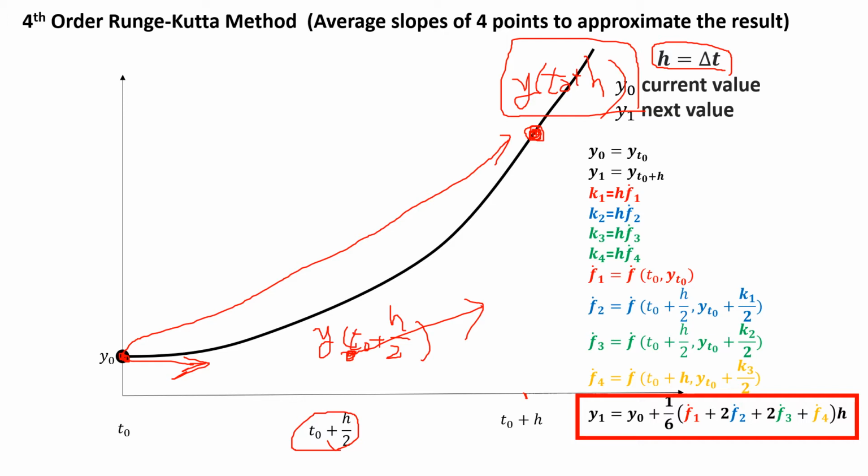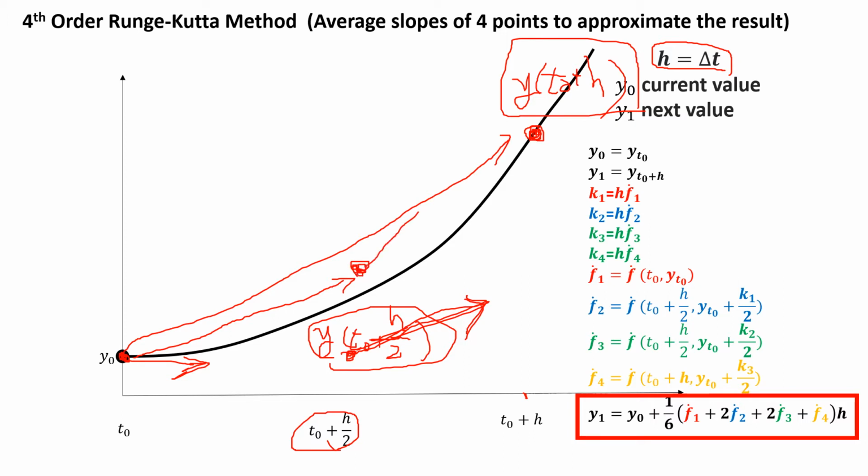So then we also use this slope to estimate this value, but it will also be from the y0 difference. The slope is the difference. So if I use this slope to estimate y at t0 plus h over 2, you will get this point.